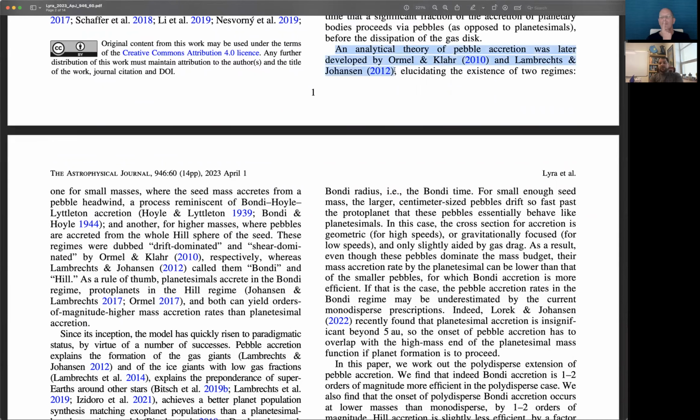And that now has grown to be the paradigm of how planets form. Paradigm shift. However, there is one problem in there, that Pebble accretion seems to work only when the seed planetesimal that is accreting the pebbles is already very, very big. So you still need to grow through a phase of significant growth through planetesimal collisions when these planetesimals are still small.